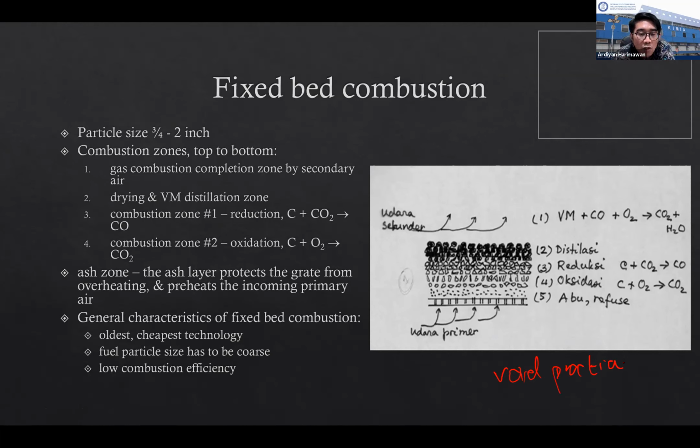So the combustion cannot be done optimally. You need an optimal void fraction in between the coal. However, this fixed bed has low combustion efficiency because some part of the coal might not be burned, because you have a very dense structure of coal.